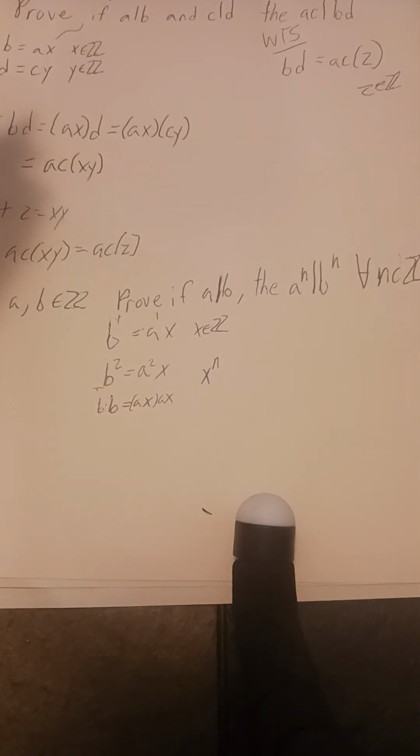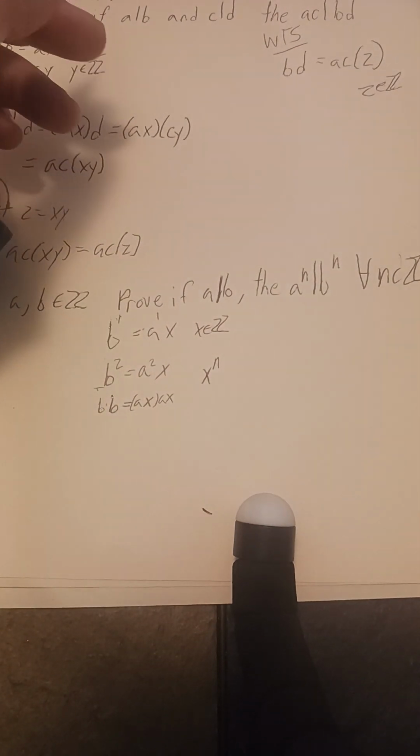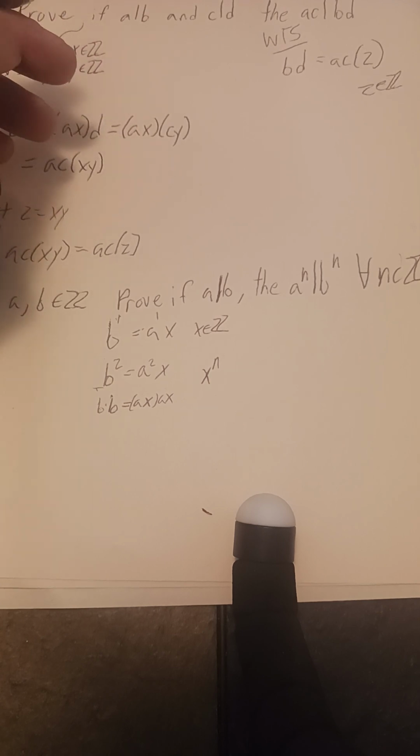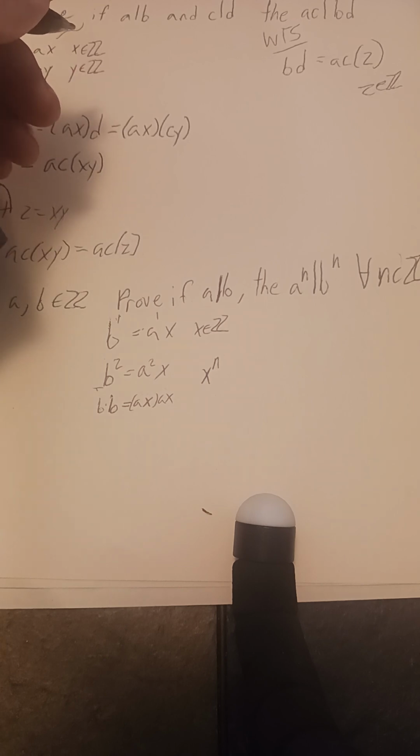Yeah, so we could say if we know that A divides B, then there's some integer X such that B is equal to A times X. Well, if we're raising A and B both to the N power, pick the element X to the N. We already know that X is the element that gets us what we need.